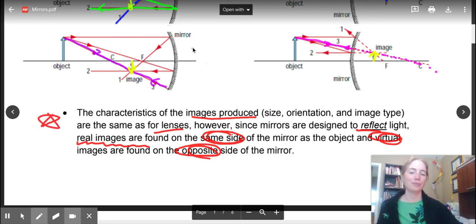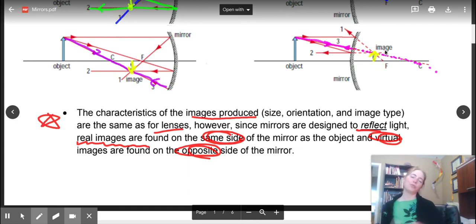Really, behind a mirror there isn't anything, it's just a hard surface. So if you want a real image to project on a screen, you have to be able to put the screen in front of the mirror, whereas a virtual image is going to appear like it's back behind that mirror. Really, there isn't anything there.